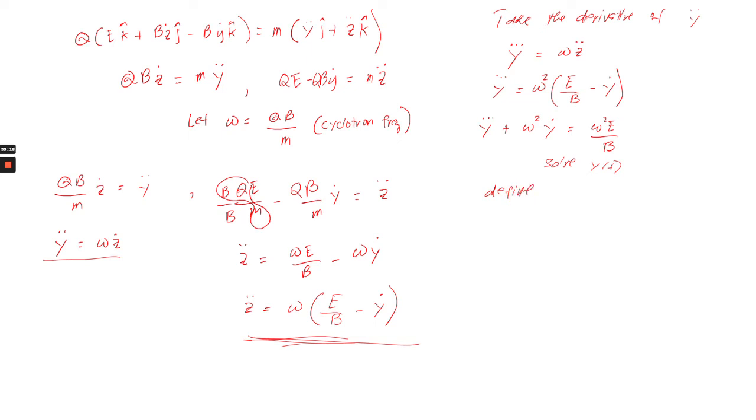Say I define y dot to be m. So y double dot is m dot, and y triple dot is m double dot. The equation becomes m double dot plus omega squared m equals omega squared E over B.